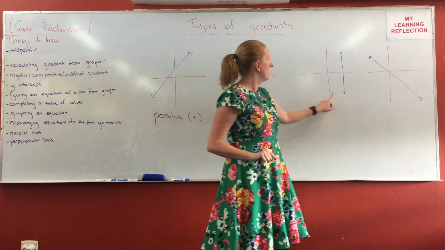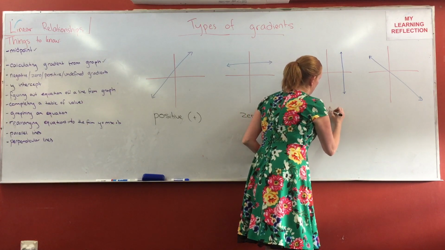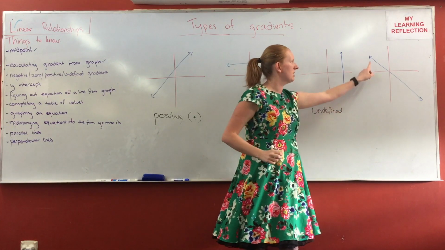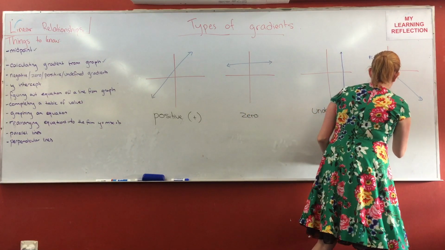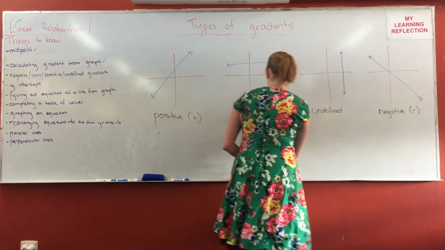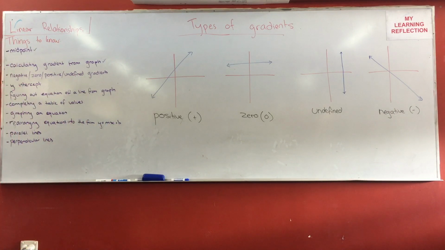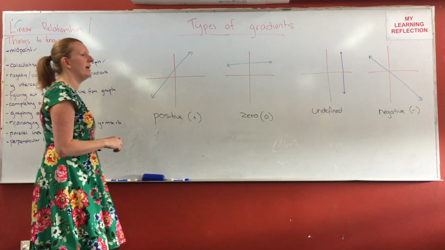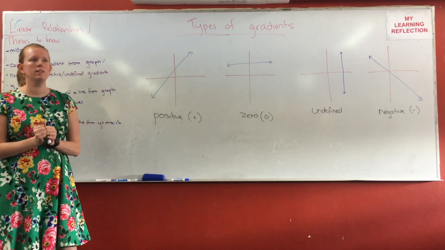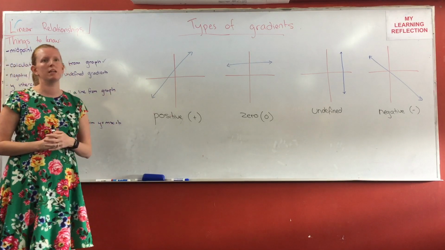This one here, yeah, awesome, it's undefined because it's not possible. And then lastly, negative. Great. So when you are looking at your graphs and you have a line that's sloping downwards, when you calculate your rise over run, at the very end you need to take a look at which direction it's sloping in.